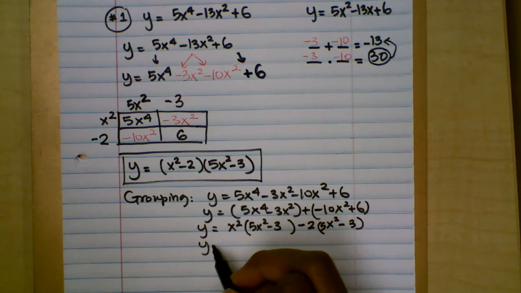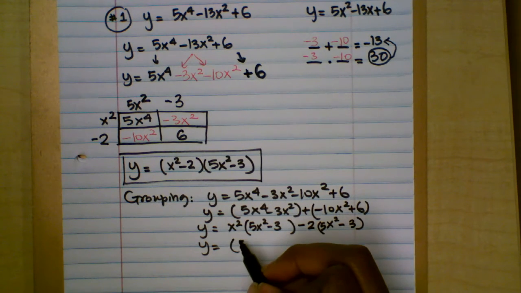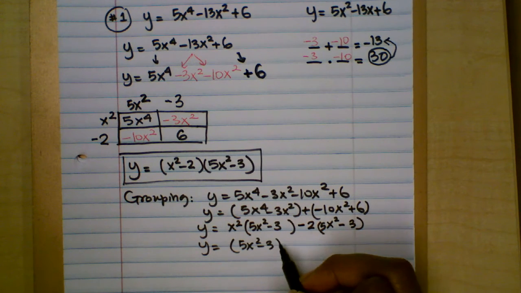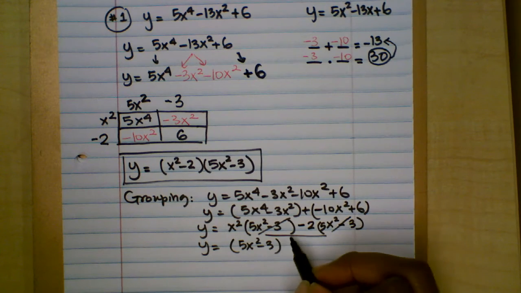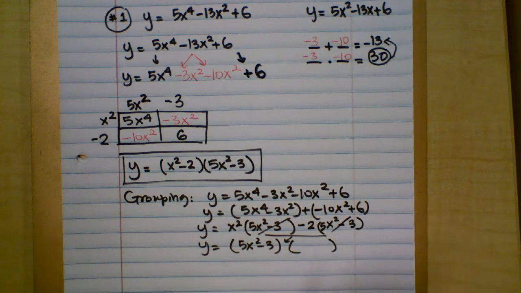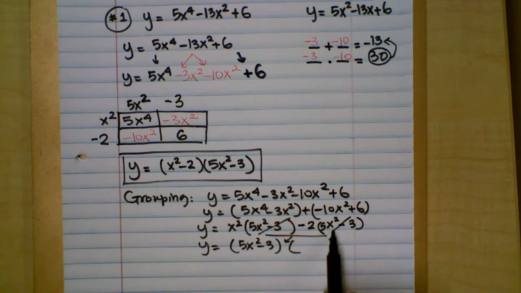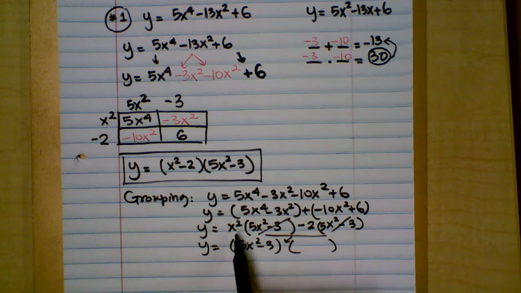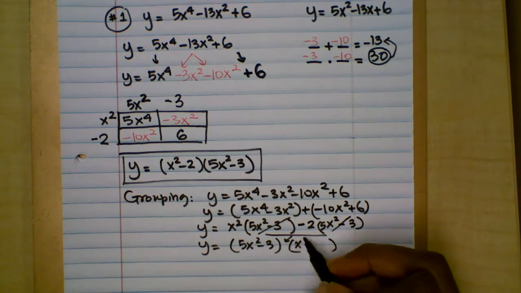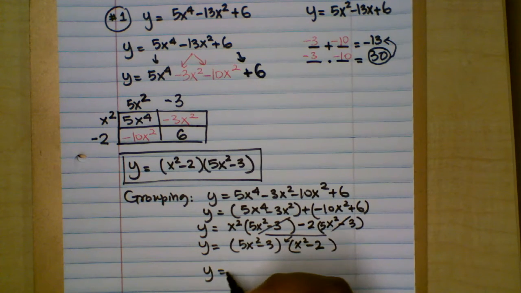Then you always want to pull out the greatest common factor, which is 5x squared minus 3, the common factor repeated on the left and on the right, and the leftover is going to be x squared minus 2. So here's the final answer.